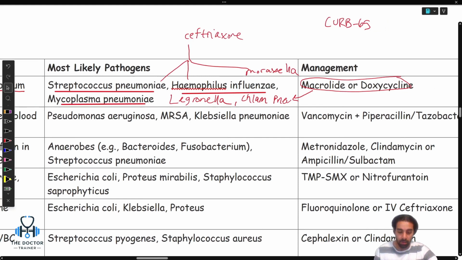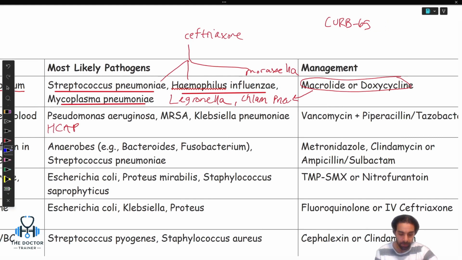Okay. When we talk about HCAP, remember this row is HCAP. I'm going to try a different color. Pseudomonas and MRSA are your biggest bugs that you have to worry about when it comes to healthcare-acquired pneumonia. Klebsiella, and then we'll talk about MDRO or ESBL, but those have a different set of antibiotics, which we'll talk about. Typically, if somebody has been post-op or had some procedure done on them, and now they're having fever, cough, shortness of breath, then think of Pseudomonas and MRSA as your top.